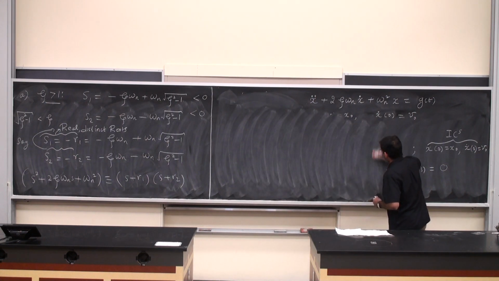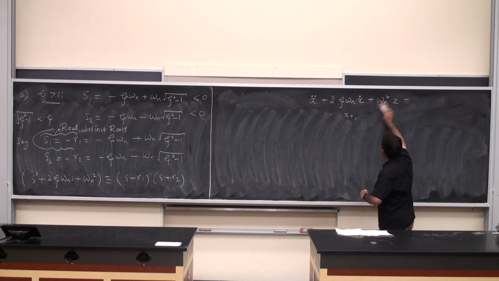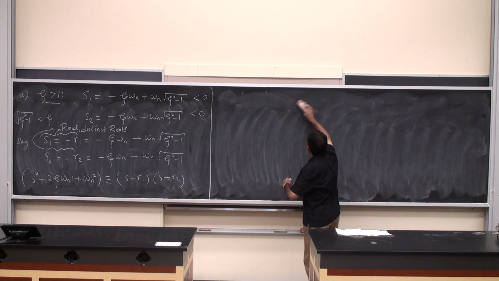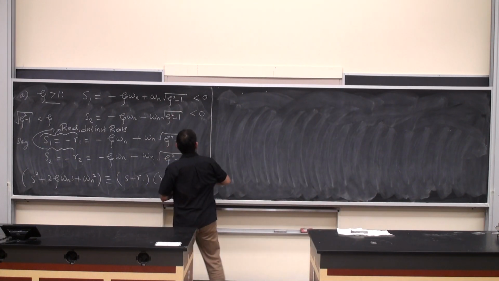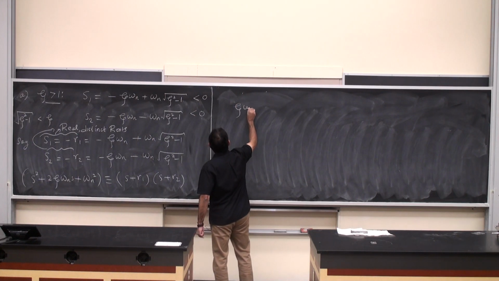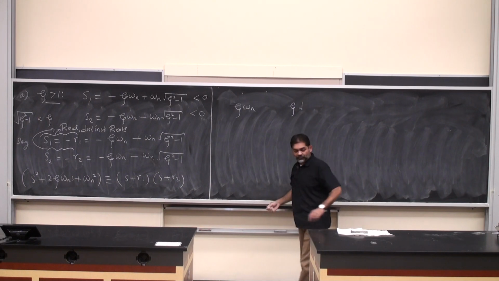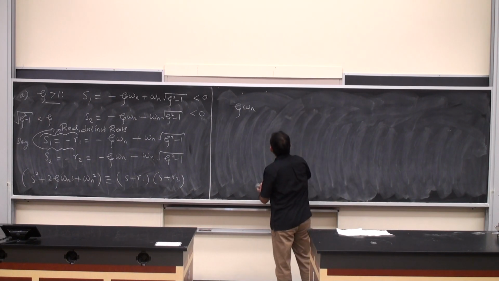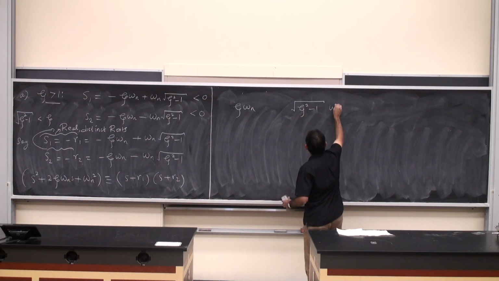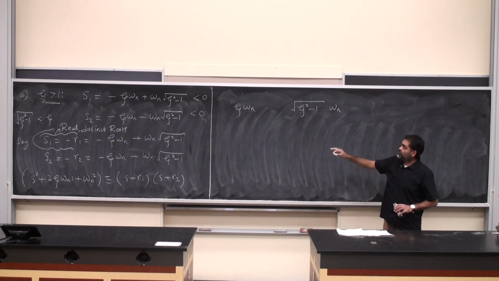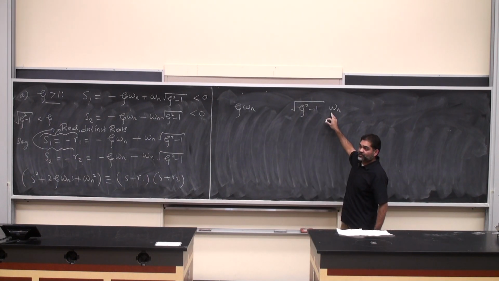Yes. Can you explain again why you know that they're always negative? You said that S1 and S2 will always be negative. Yes, of course. So if I look at zeta omega n and zeta times the square root of zeta squared minus 1 times omega n, omega n and omega n are the same.